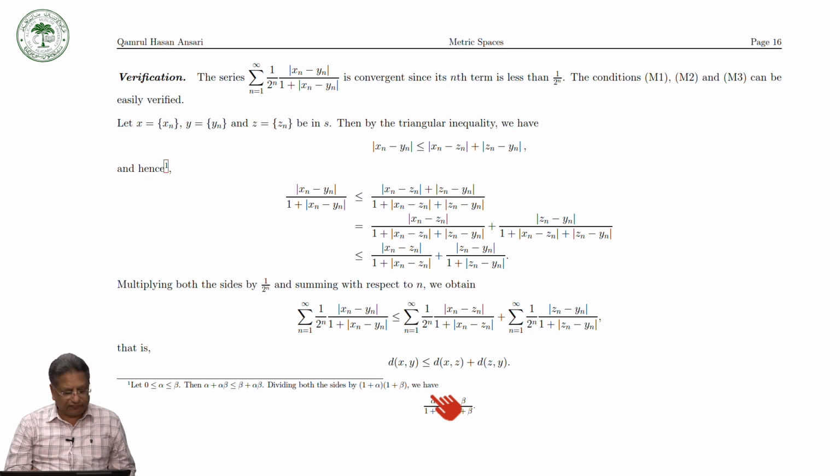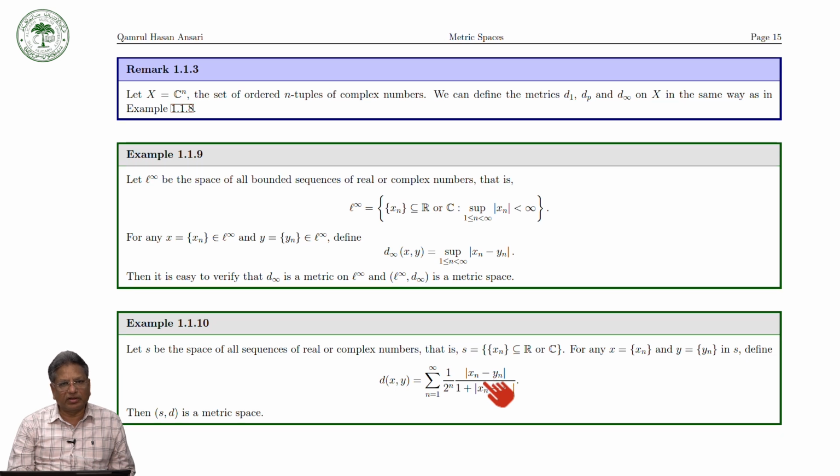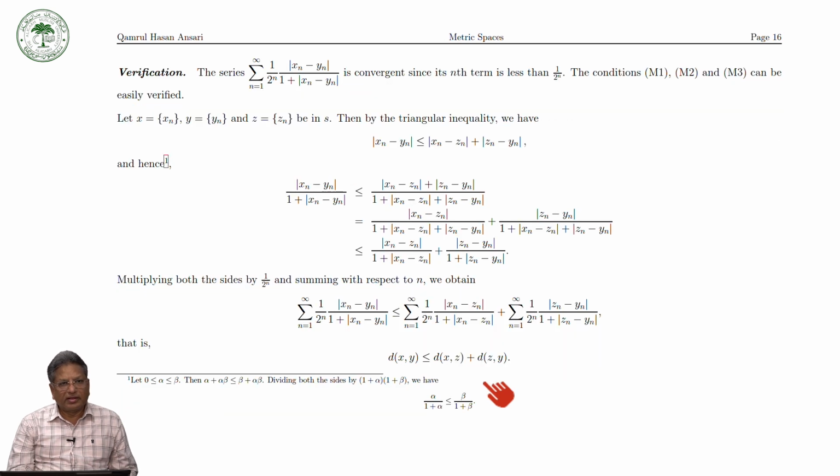Now let us see the verification of whether this D defined by this is a metric on the set of all real or complex numbers. So we can define this in the following way. Let us verify.